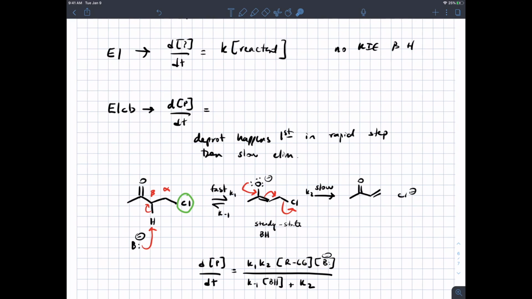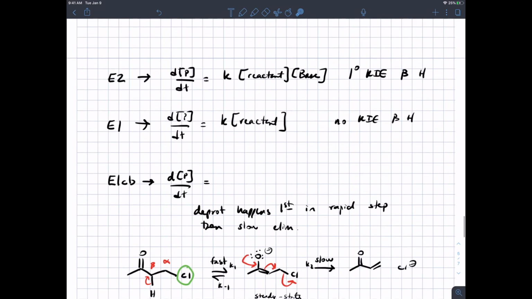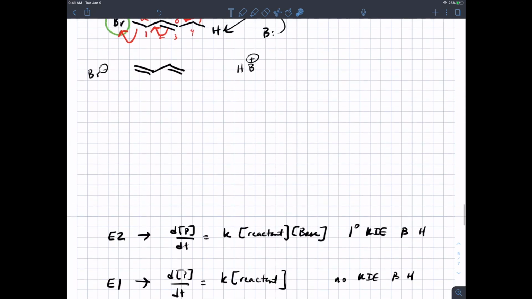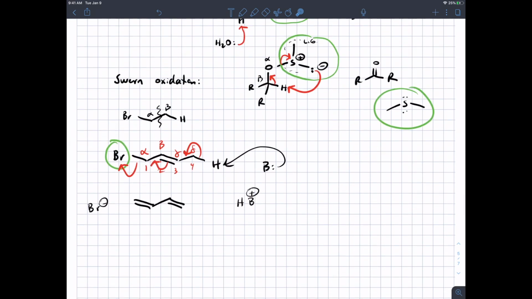Why is the first step fast compared to the second? I think it really has to do with the pKa of the proton you're removing. In a regular E2 type reaction, a proton that's on an sp3 hybridized carbon would normally have a pKa of about 45 to 50.